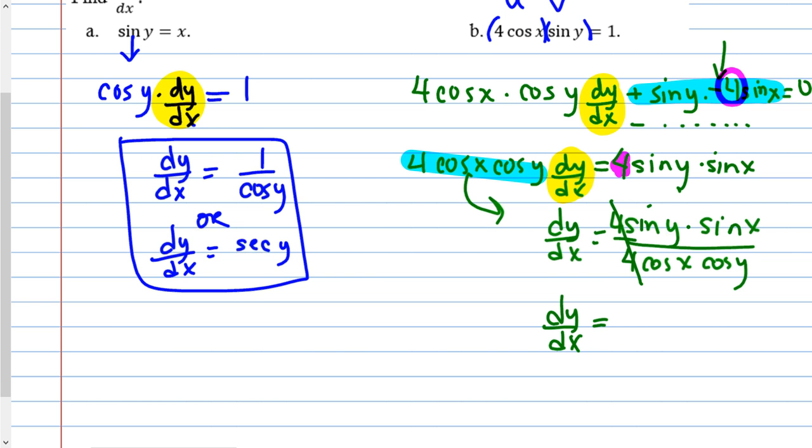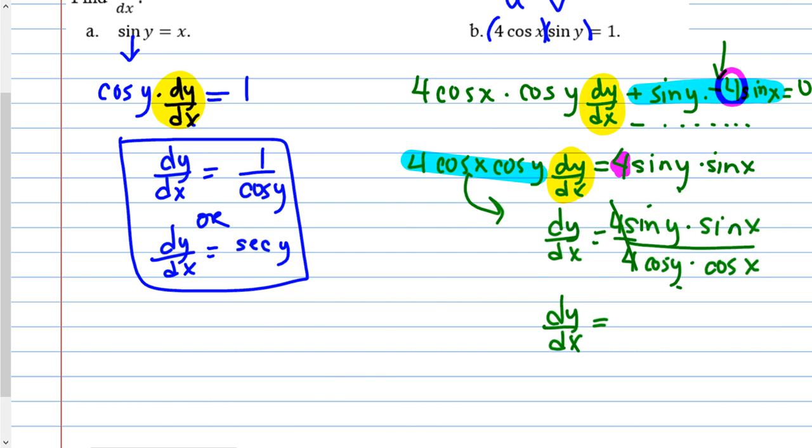Now, you can leave it as sine y over sine x divided by cosine x over cosine y. Actually, what if I put the cosine y under the sine y and the cosine x over the sine x? When those 4's cancel out, I can leave it as sine y times sine x over cosine y times cosine x.